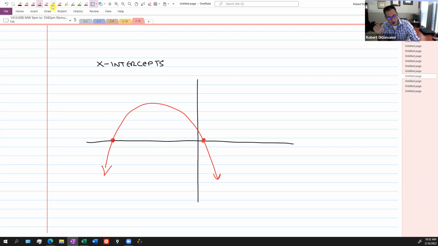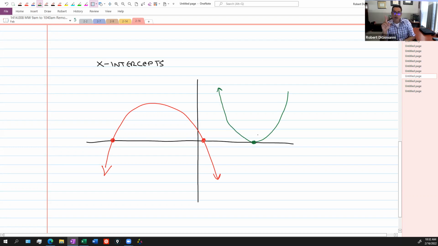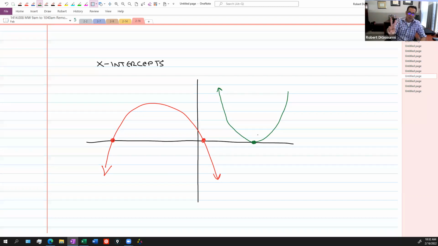Yeah, if you draw it just right, let me draw a different parabola. You draw a parabola just right, where it just comes down and touches just like that, then that would have 1 x-intercept. So we said we can't have 3, we can't have 4, can't have 5. Anything 3 and higher, we can't have. We can either have 2 x-intercepts, we can have 1 x-intercept. Is it possible to have none? Yeah, if you draw it correctly, let's make it open up.